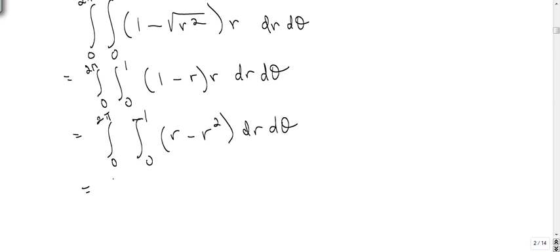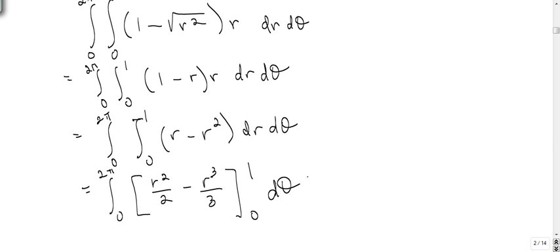Integrate now. 0 to 2 pi, then we have r squared over 2 minus r cubed over 3, and r goes from 0 to 1 d theta.